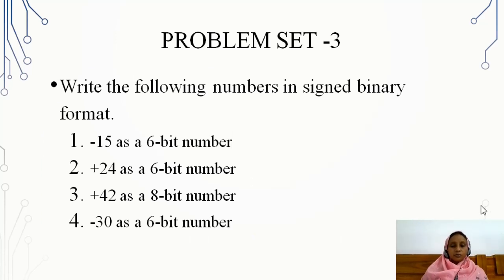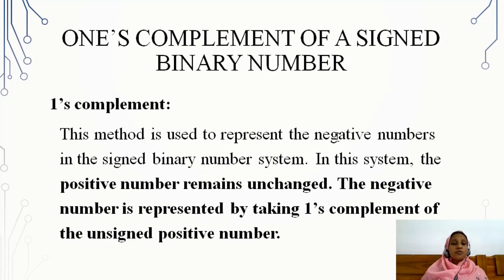Now, we already found that there are certain limitations to the sign magnitude system. So, we have another method, which is known as the ones complement method. In this system, the positive number remains unchanged, but the negative number is represented by taking the one's complement of the unsigned positive number.